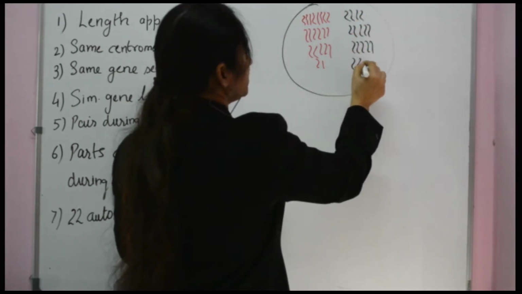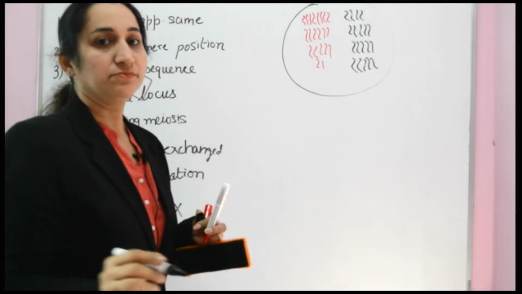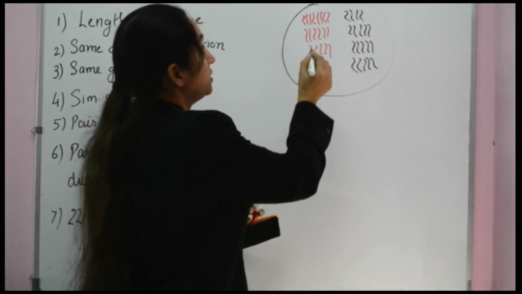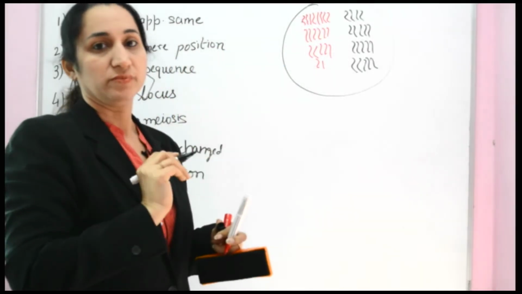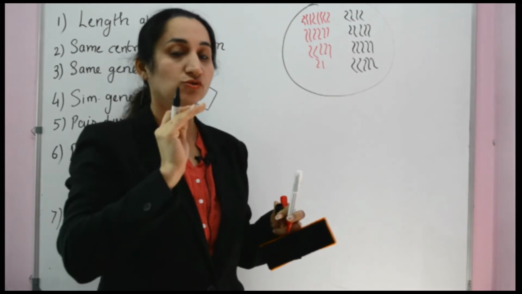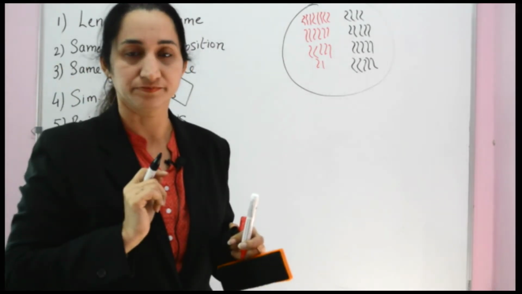Now what will happen during prophase 1 of meiosis 1? Chromosome number 1 of the mother will start looking for chromosome number 1 of the father.